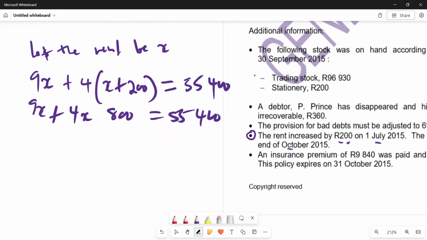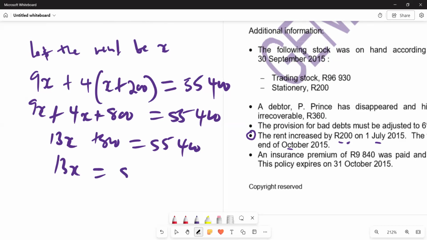Then we collect like terms. 9x plus 4x, we get 13x, plus 800 equal to 55,400. Then we take 800 to the other side, it becomes 13x equals 55,400, and this positive 800 becomes negative 800 when it goes to the other side.